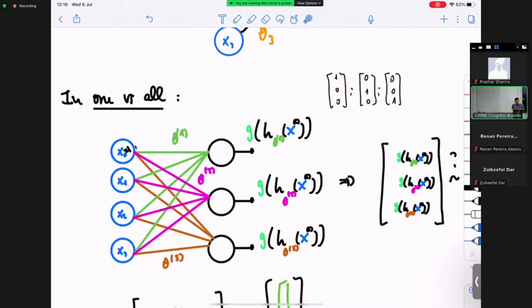Now, instead of 1 theta, you have 1, 2, and 3 thetas, one for each output.